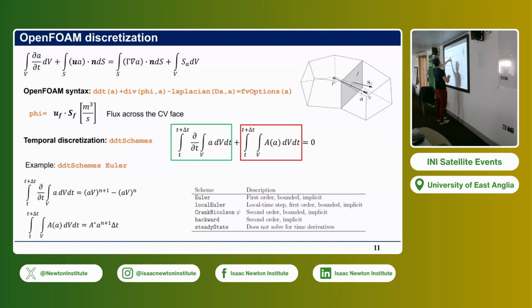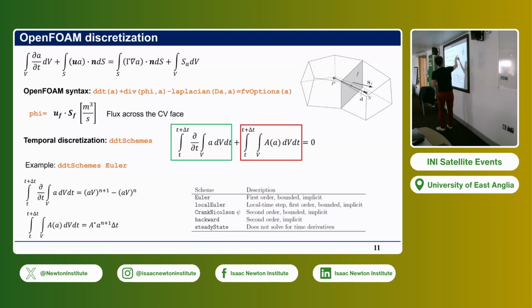So phi is the flux, A is the variable for which you are solving, minus, I'm bringing this term on the left-hand side, the Laplacian of DA, A. DA is the diffusion constant, gamma. A is the variable you're solving for, equal to fvOptions. fvOptions is OpenFOAM nomenclature for a source term.